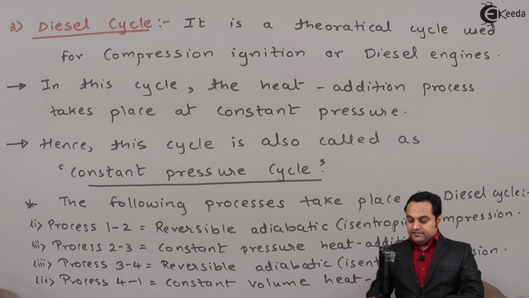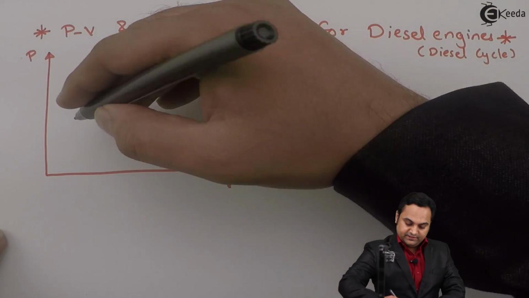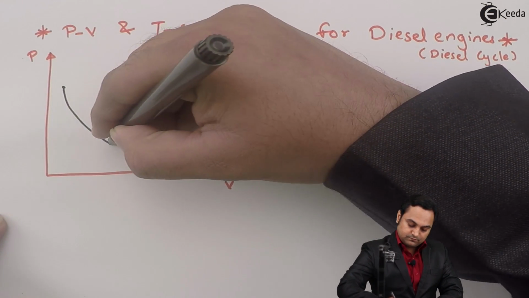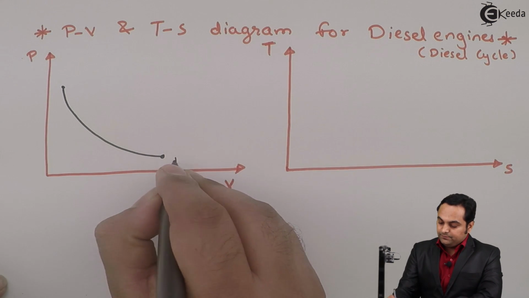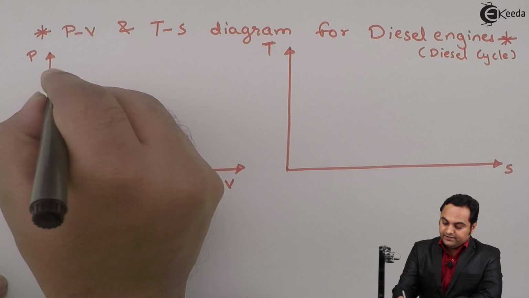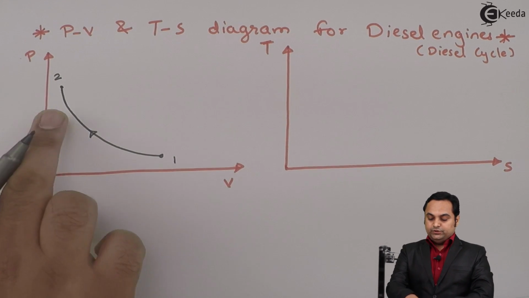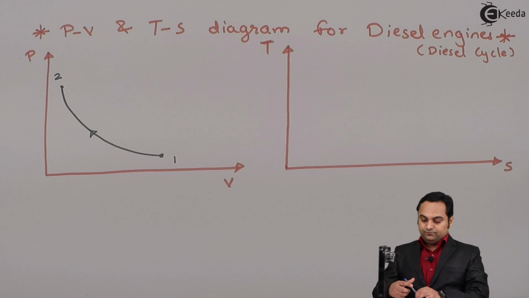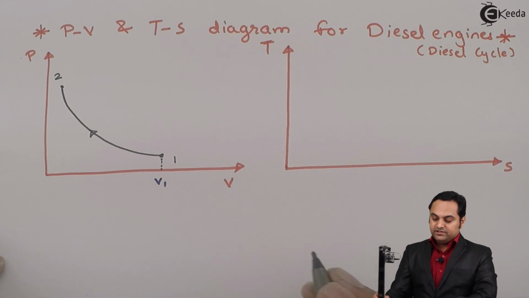Now, when I am plotting the graph, since the first process, as we know, process 1 to 2 is reversible adiabatic, that is isentropic compression, it will be shown on PV diagram by a curve starting at 1, ending at 2. So here this process 1 to 2 indicates isentropic compression, wherein we can see that volume at point number 1, V1, is more.